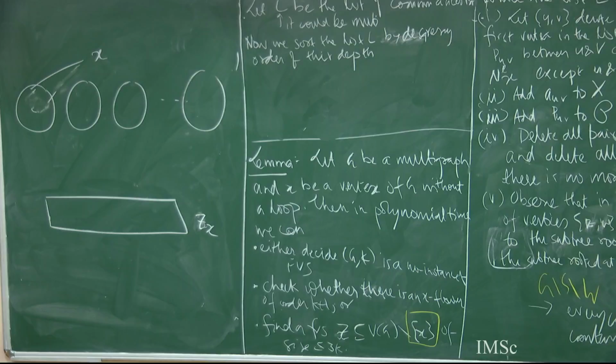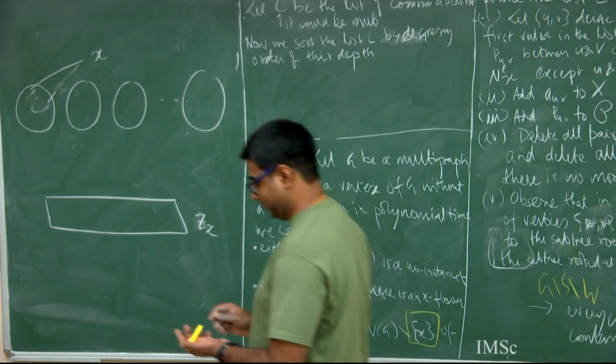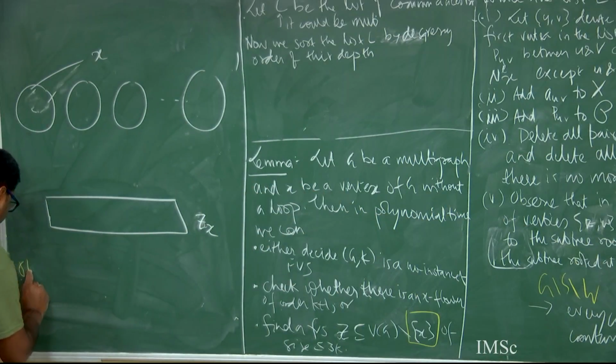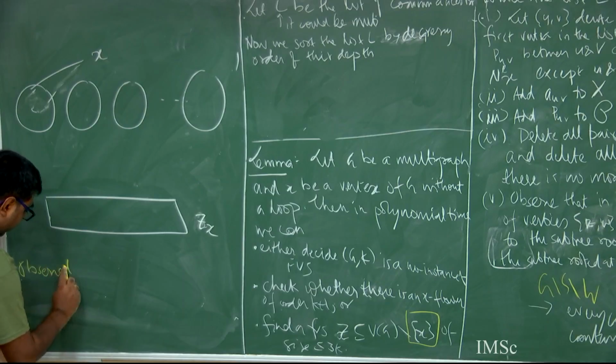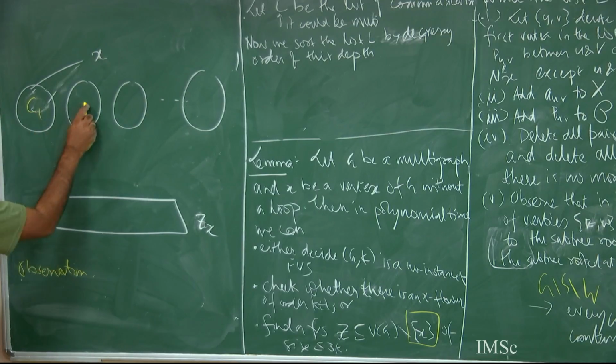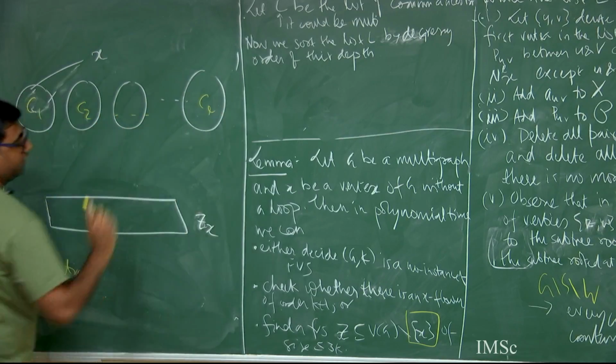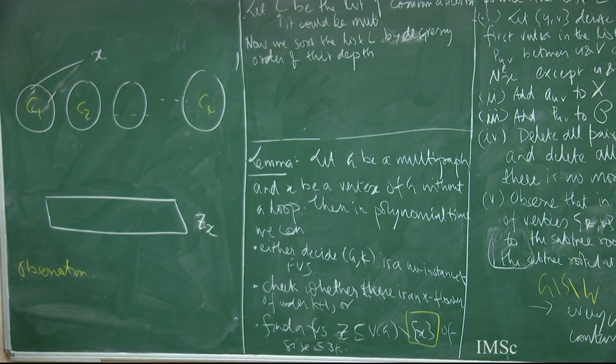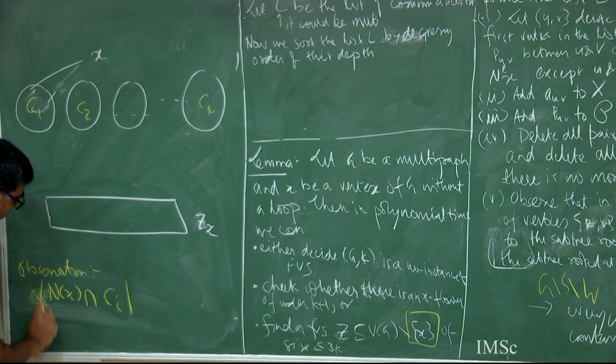Okay, so observation, let's write it down: the neighborhood of x intersected with Ci is upper bounded by 1.